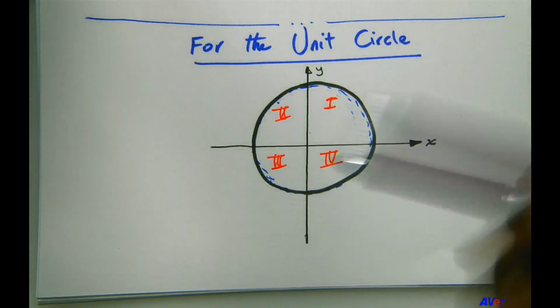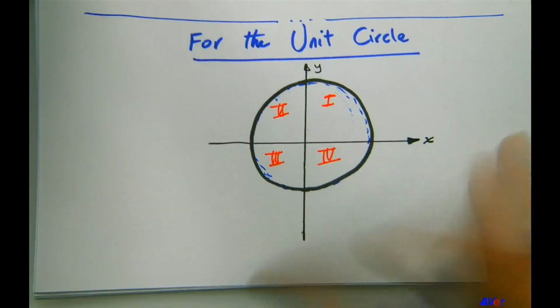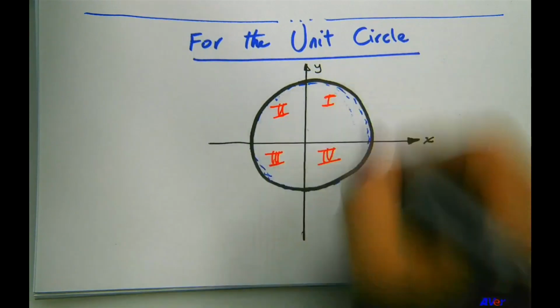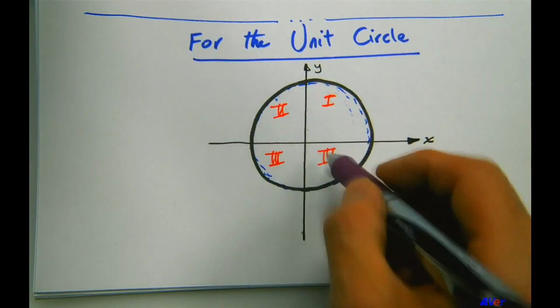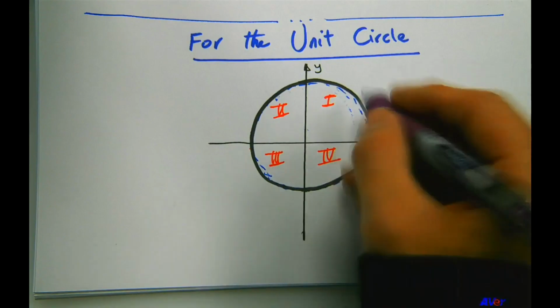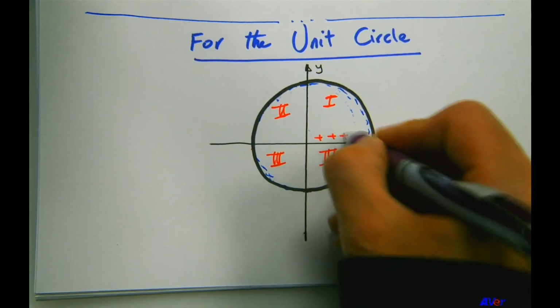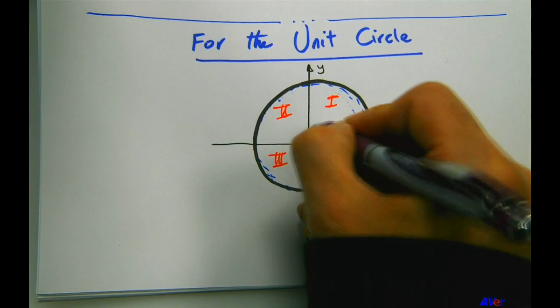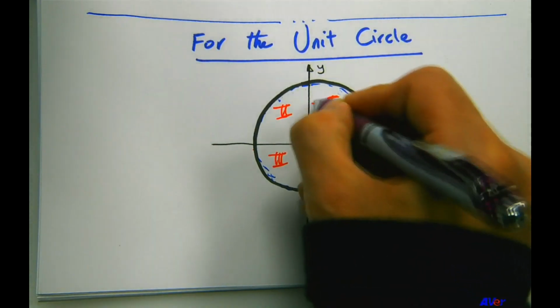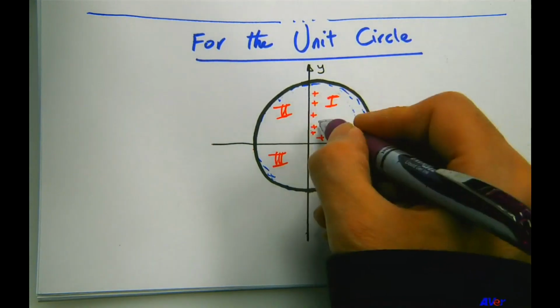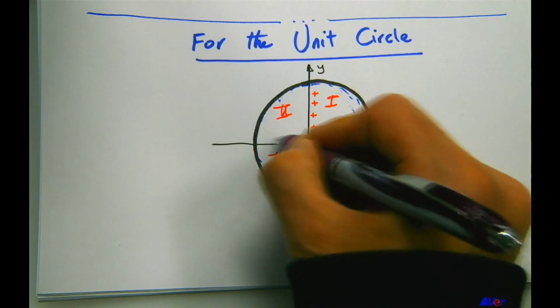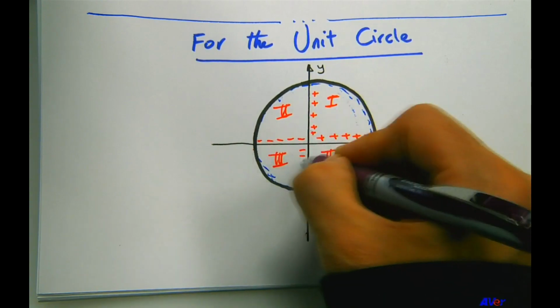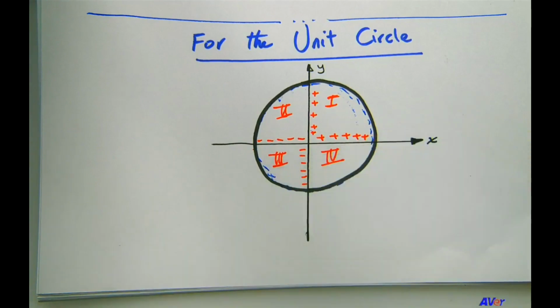You have to be aware of what's happening as you move around this unit circle at different angles. This would be positive, this would be positive again on the y-axis, and of course negative x-axis on this side and negative y-axis on this side.